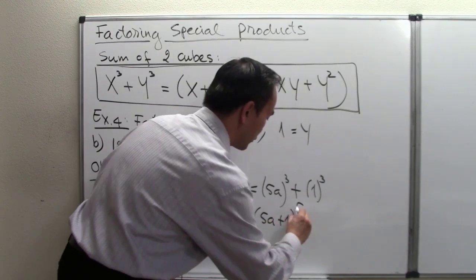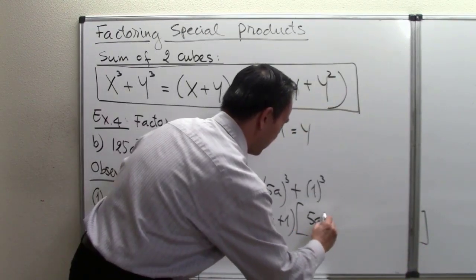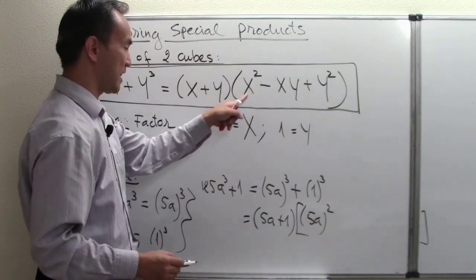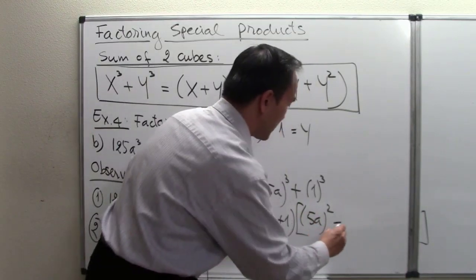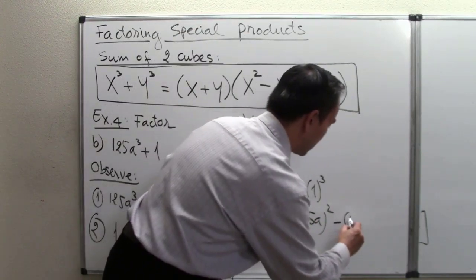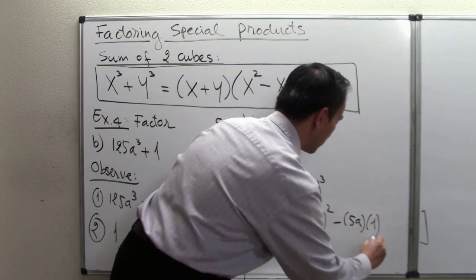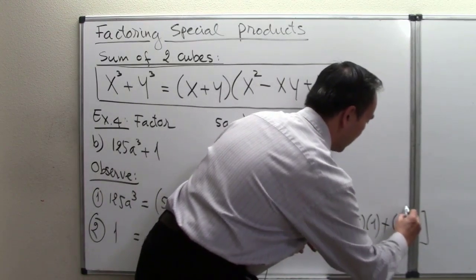And now I'm going to produce square brackets. 5a all squared, because it's x squared, minus x times y, which is 5a times 1, and plus y squared, so 1 all squared.